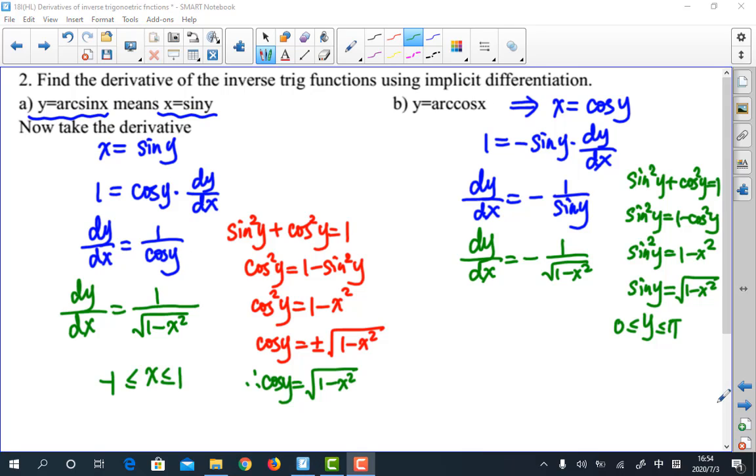I hope you can try to find the derivative functions for y equals arctangent x, y equals arccosecant x, y equals arcsecant x, and y equals arccotangent x yourself first. C is included in our core textbook. However, D, E, F are not even included in the formula booklet.